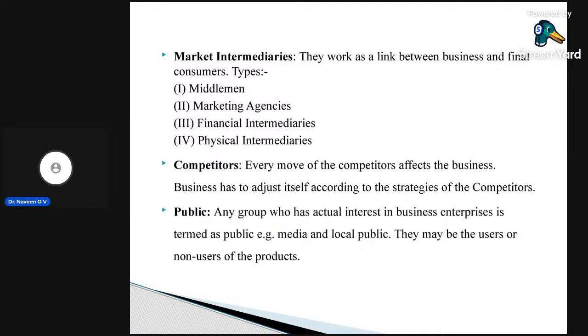And the competitors. Without competitors, there is no point in producing goods and services. Competitors play a vital role.